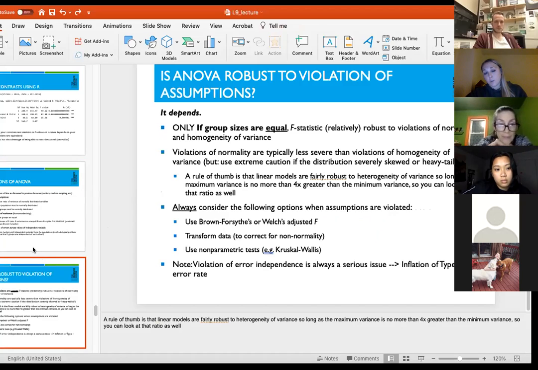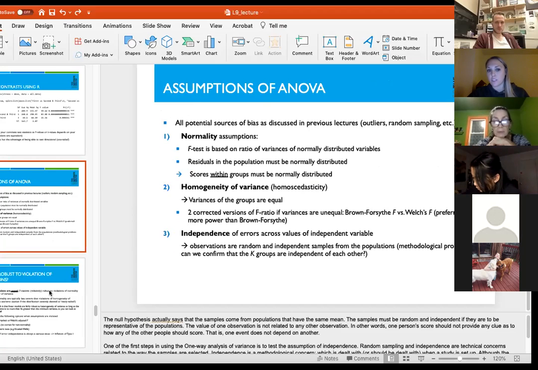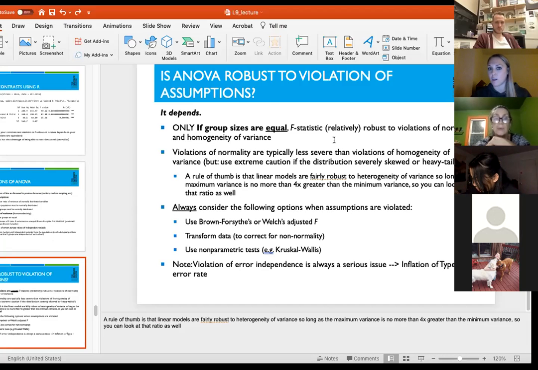It's relatively robust to violations of independence, but only when group sizes are equal. I think someone asked about this at the beginning of class, if you have different Ns in your data. If you have equal group sizes among your 3 or however many groups, usually when violating these assumptions you can just apply the degrees of freedom corrections and carry on with your life.